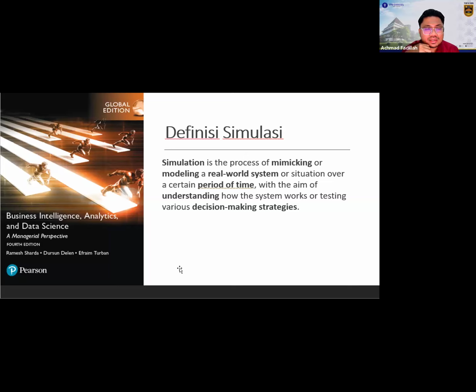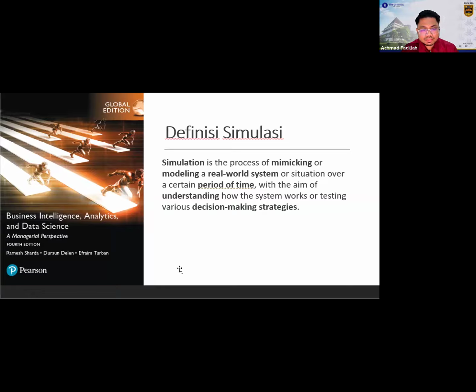This simulation is very useful for you as a businessman to see the impact of your strategies, and the impact of your decision to reduce the price or give a promo to your customers, and then what happened. You can try all these strategies directly in the real world, but it's very costly, right? If you decide to reduce the price or give a promo for your customer, is it effective or not?